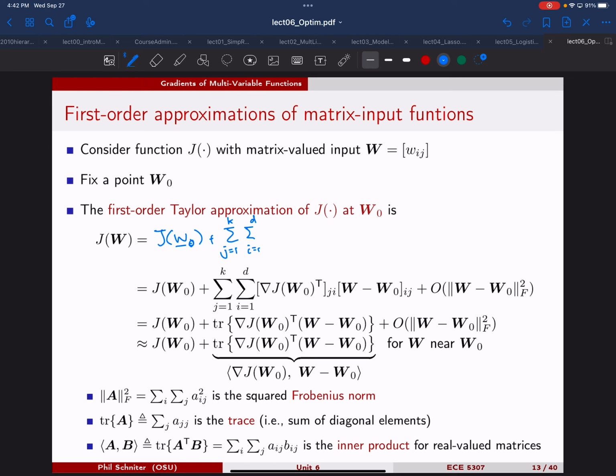And so we're going to have the derivative of J evaluated at the reference, but we're going to take the partial with respect to W_ij. And then we're going to multiply that times the deviation between W_ij and the reference point, which we'll call W_0,ij.